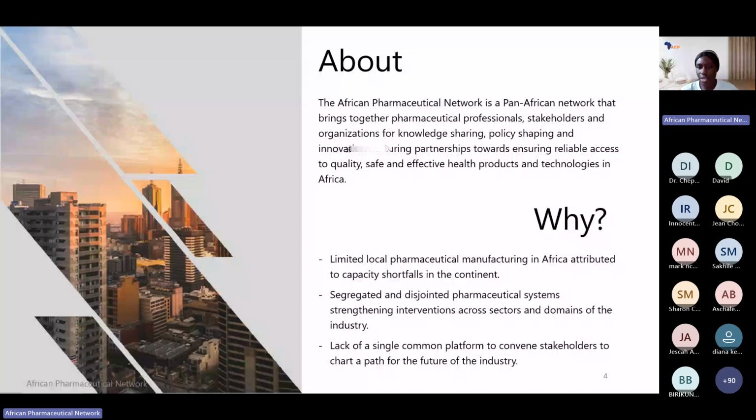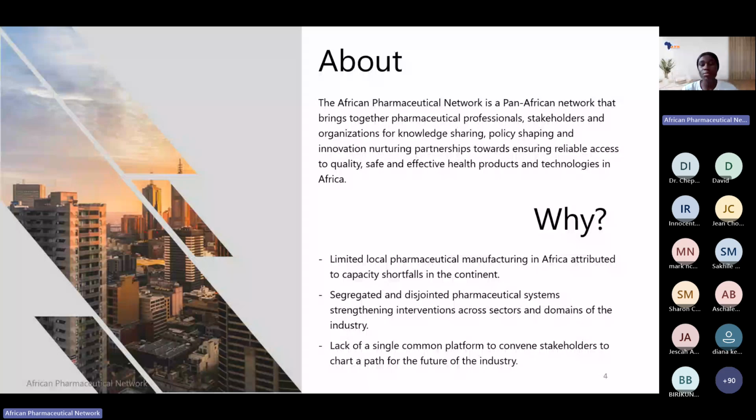It is usually a pain for us as well when we are training professionals who go to train outside the continent, but would really not come back to work within the continent. So for us, it is in our best interest that we empower the pharmaceutical workforce that is in Africa so that we are able to meet the needs of the patients who are in Africa.